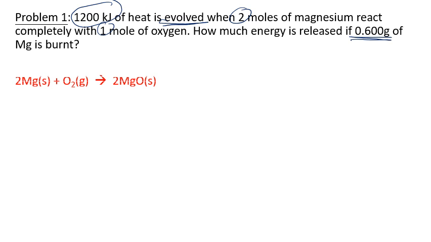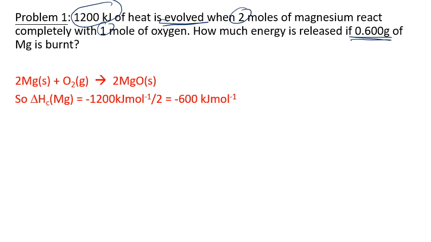Right, so the equation for the reaction is 2 magnesium plus oxygen, combusting, giving that bright flame we're probably familiar with, and that gives your 2 magnesium oxide, the white powder. And we're told that the enthalpy of combustion is 1200 kilojoules per mole, divided by 2.